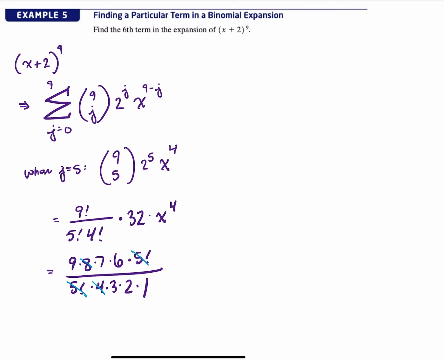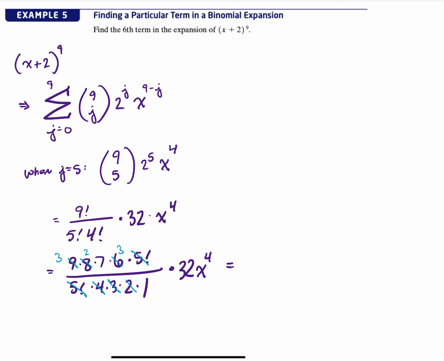The 4 goes into 8 2 times, 3 goes into 9 3 times, 2 goes into 6 3 times. So we have 3 times 2 times 3 times 7, all over 1. And this is still multiplied by 32x to the 4th.